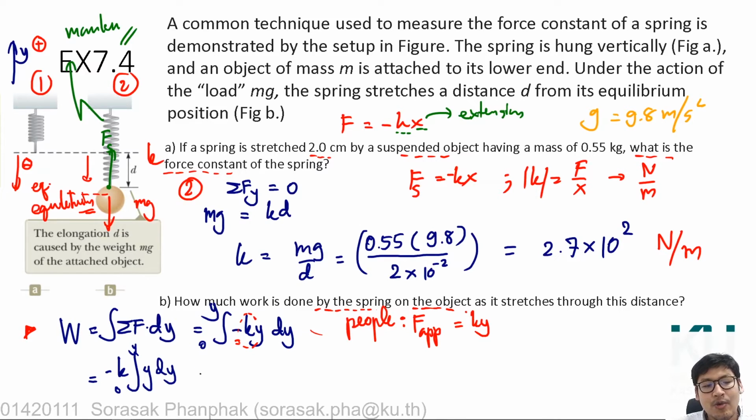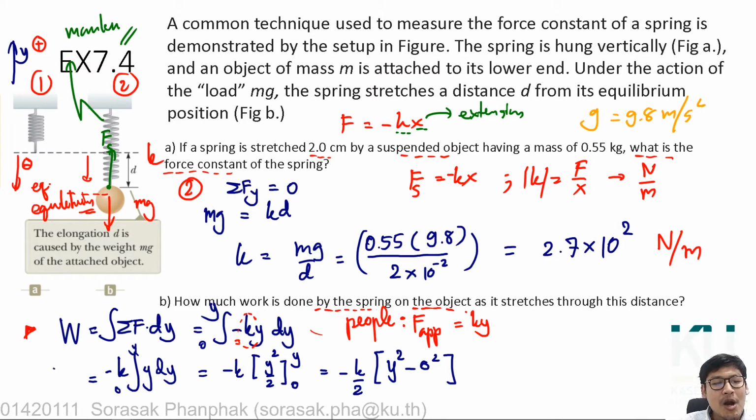When you do the integration, you're going to get y squared over 2, right? And then you put the limit into it, 0 to y. So what you get here is minus k over 2 times y squared minus 0 squared.